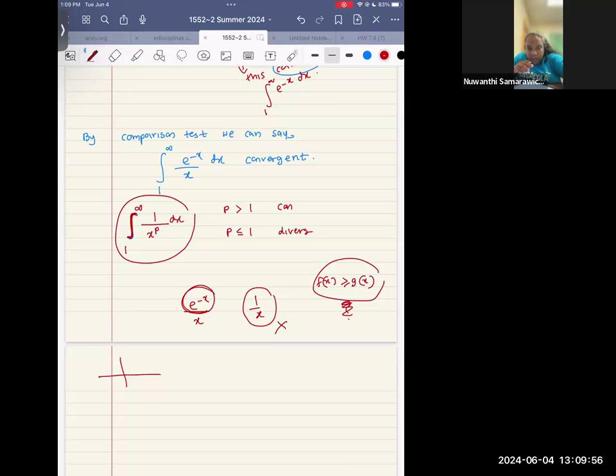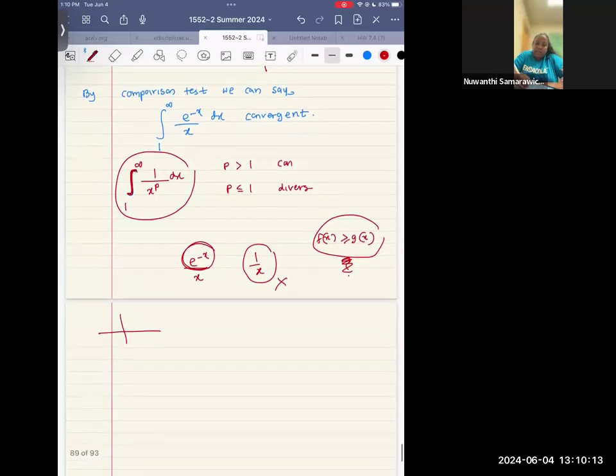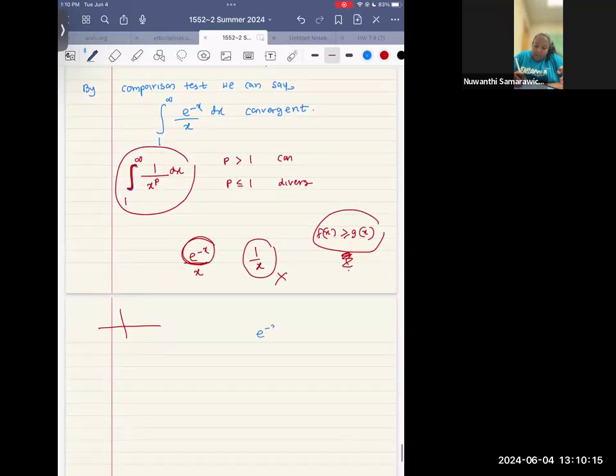I hope I answered all your questions. How did you decide what the g of x function is? We didn't just decide to use e to the power negative x. We decided it according to x, because the integral says 1 to infinity.